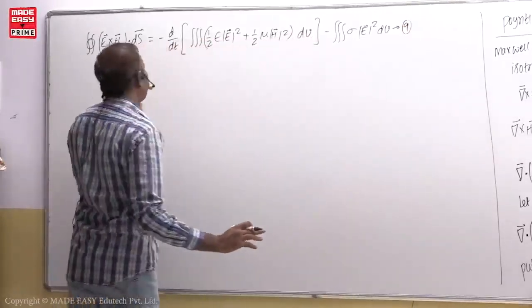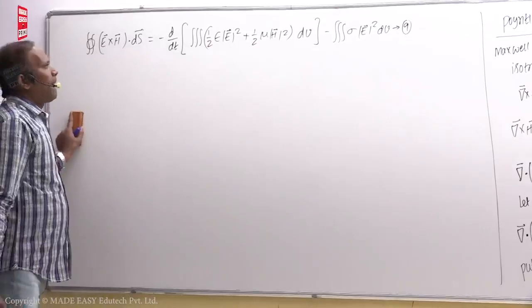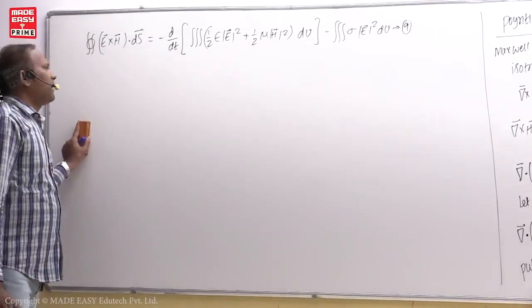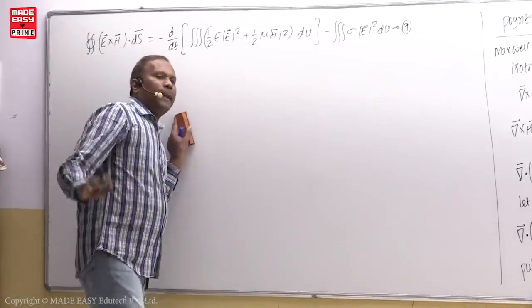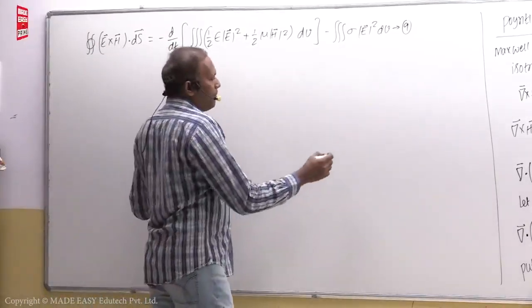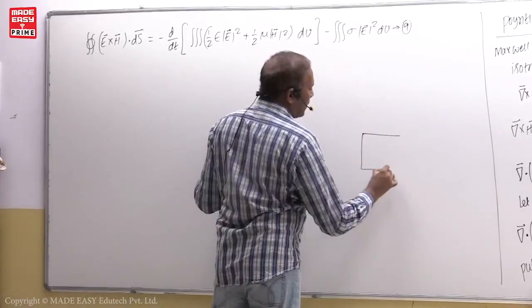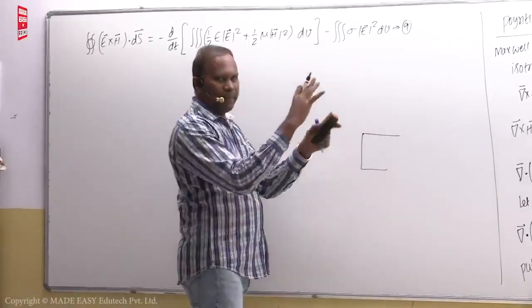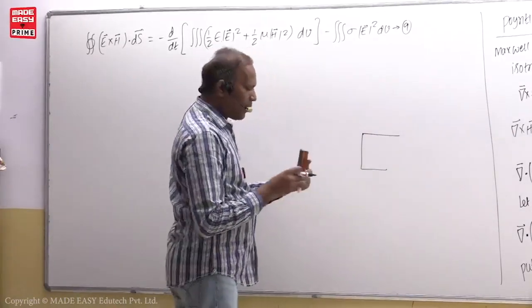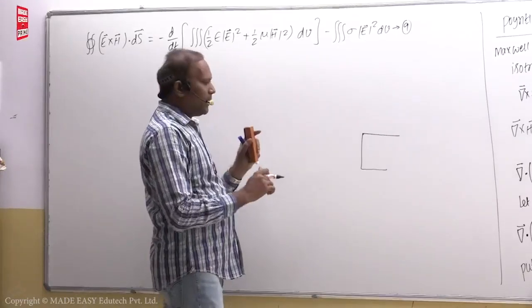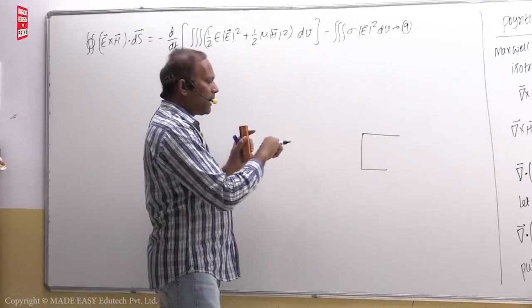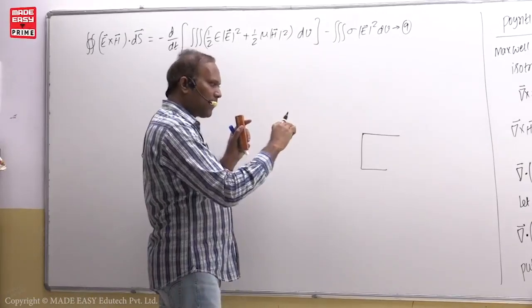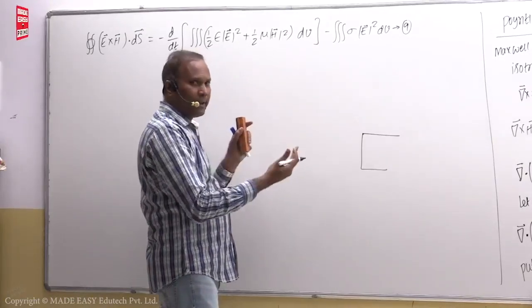Now what is going on here? I will explain, you see now. Here this is air medium. Here one antenna is there. From this antenna an EM wave is going like this. That EM wave has an electric field and a magnetic field.